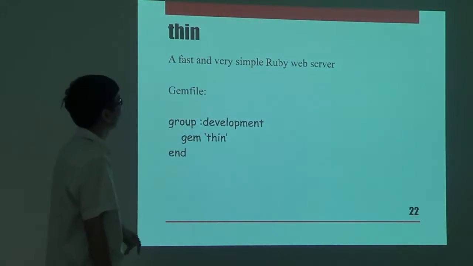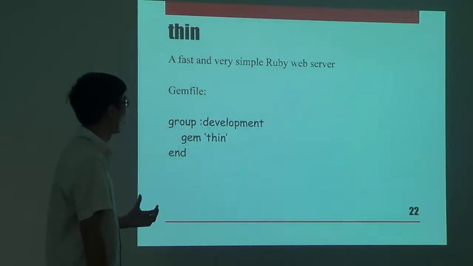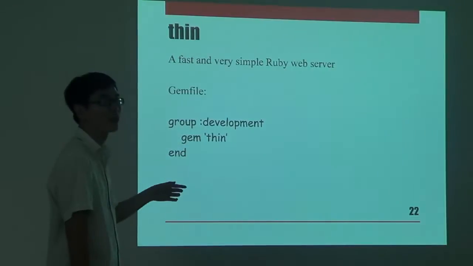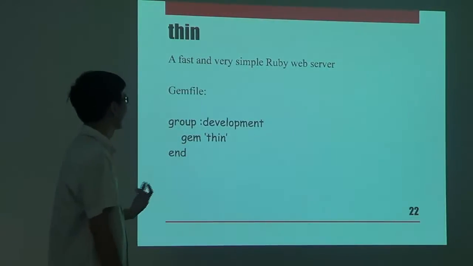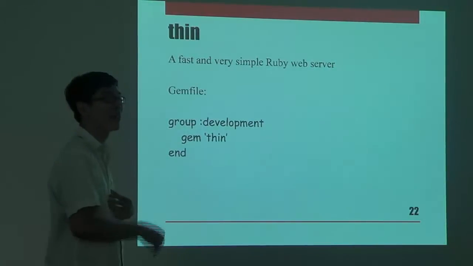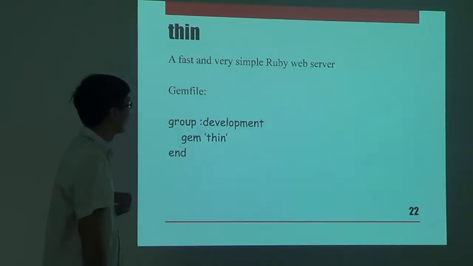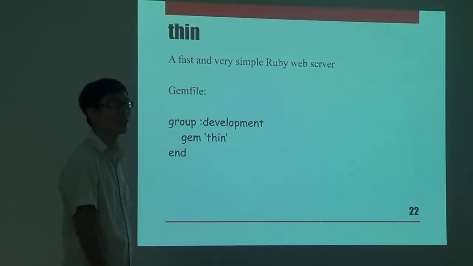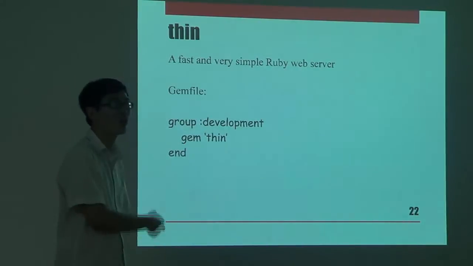Thin actually is a fast and simple web server. So in the development environment, we can use the Thin server instead of the default WEBrick. Thin is much better than WEBrick because it uses EventMachine, which is a very good gem. So when we're using the Thin server, the speed of the server will increase very much. So you should try it.